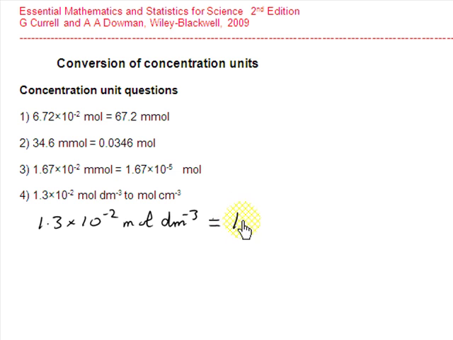Starting with 1.3 times 10 to the -2 moles per decimeter cubed, we can replace the per decimeter cubed with times 10 to the -3 per centimeter cubed. 1 decimeter to the -3 equals 10 to the -3 times centimeters to the -3.